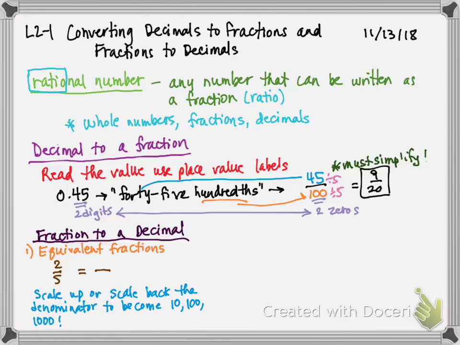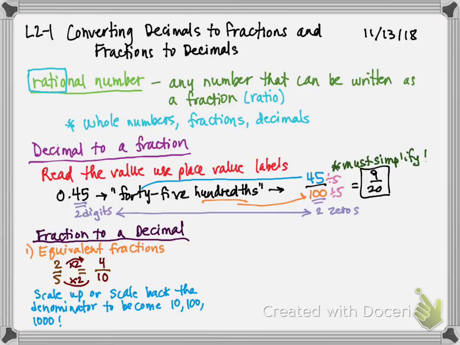We look for the smallest number that 5 can go into that's either a 10, 100, or 1,000. If you notice, we can get 5 to become 10 by scaling up by 2. So we're going to multiply by 2, top and bottom. That gives me 4/10.